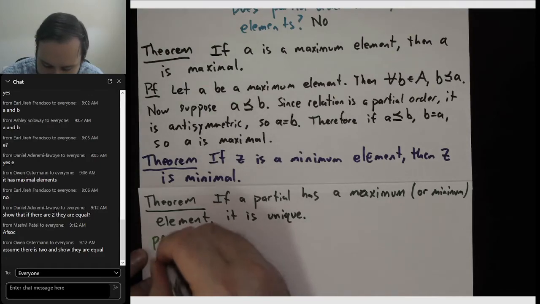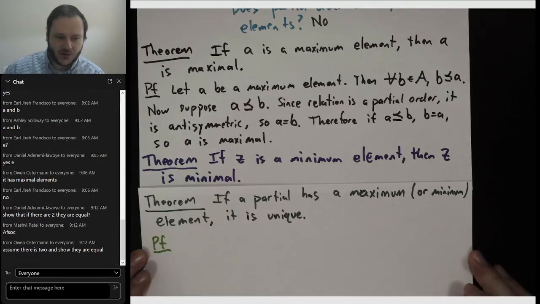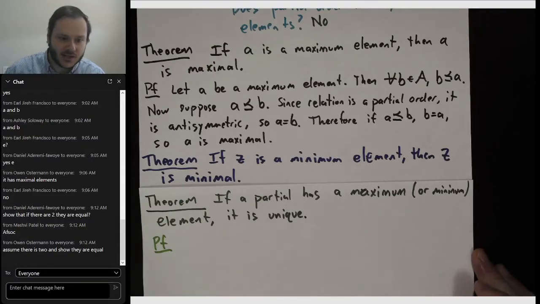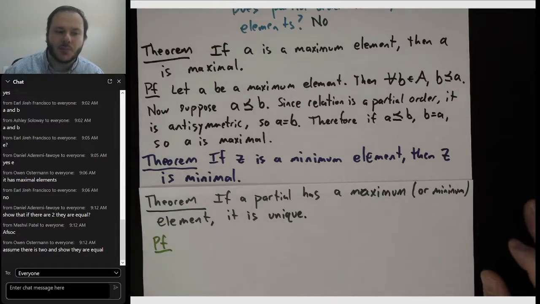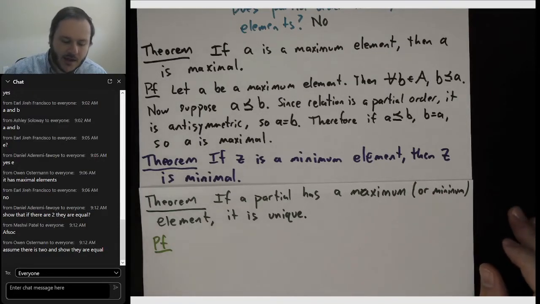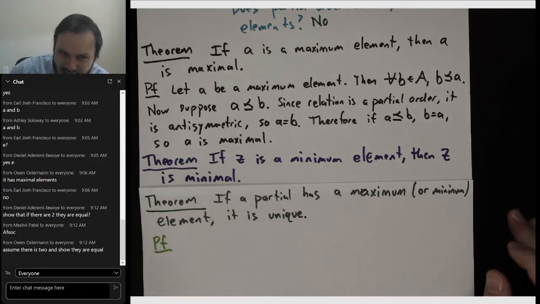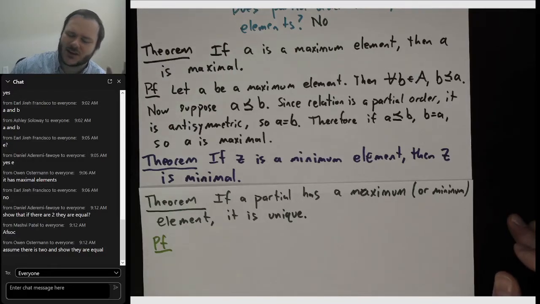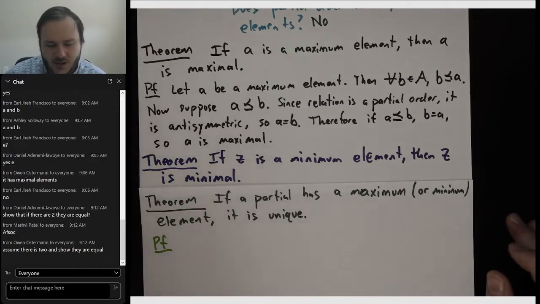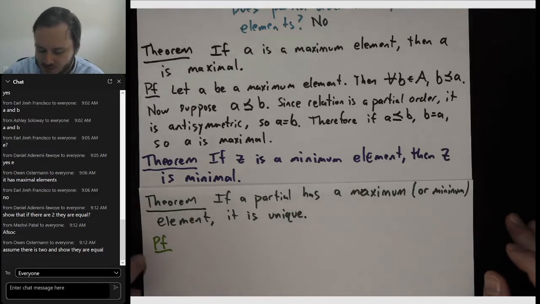So I'm going to write this proof without contradiction, and then I'm going to talk about what it looks like with contradiction and see how they're very closely related. Both are correct. As mathematicians, we tend to prefer not to use contradiction if we can avoid it. Contradiction is just like a little twist on a proof that makes it a little bit harder to understand, right? You're assuming something that's not true, and then it ends up causing a problem. If we can get away without that, it's better. So I'm going to do this without.